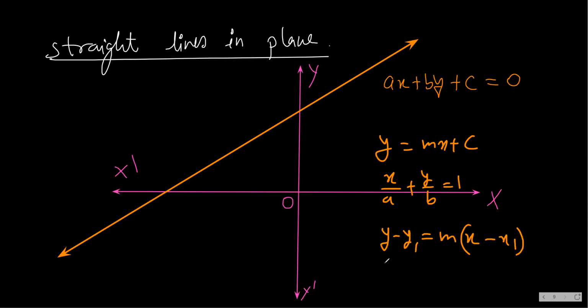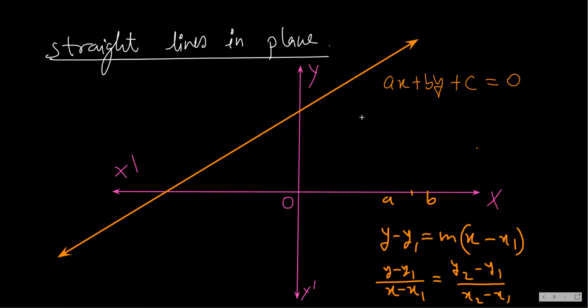Then you had the two-point form, that is y minus y1 upon x minus x1 is equal to y2 minus y1 upon x2 minus x1. So you had all these different forms, but we are interested in one form.